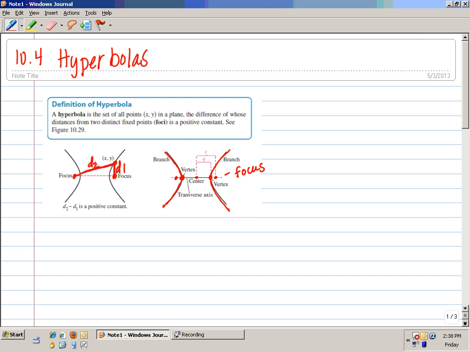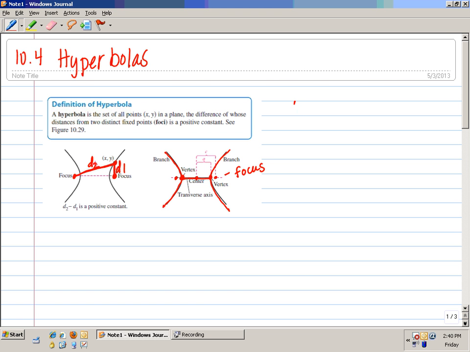The center sits an equal distance away from each of the vertices. It also sits an equal distance away from each of the foci, or foci. Now, the distance between both of our vertices, that's what we consider the transverse axis.